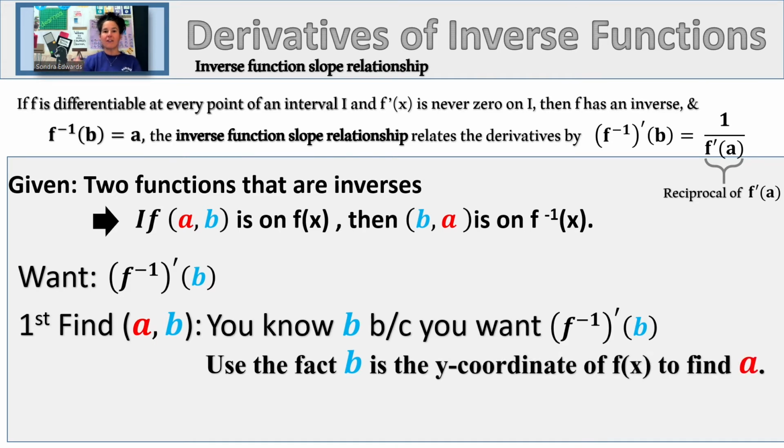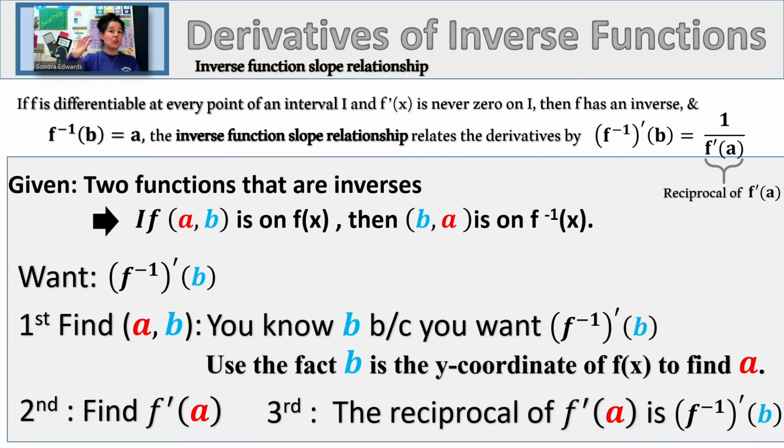So we're going to use the fact that b is the y coordinate of f of x to figure out what the x coordinate is that goes with it, the a. Once you figure out what a is, then you can find the derivative of f, plug in a, and you have f prime of a, and then lastly, you just flip that answer over, and you now have 1 over f prime of a.